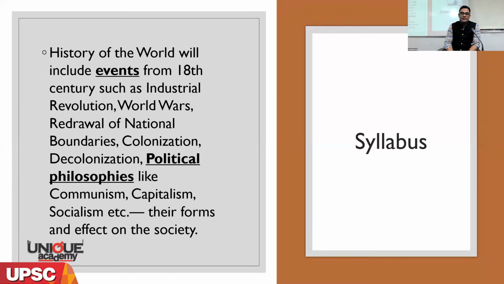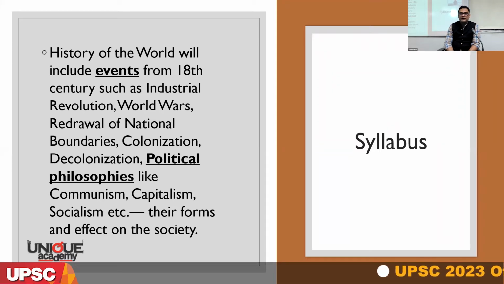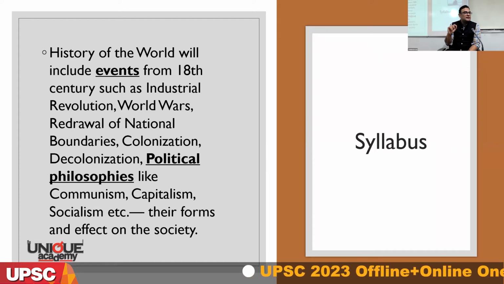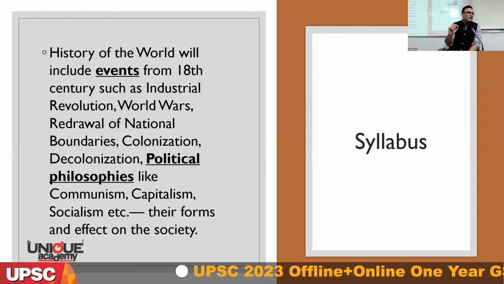Events from 18th century, such as Industrial Revolution, World Wars, redrawal of national boundaries, colonization, decolonization, political philosophies like communism, capitalism, socialism, etc. Their forms and effect on the society. Okay, so this is the one sentence syllabus which UPSC has given us.